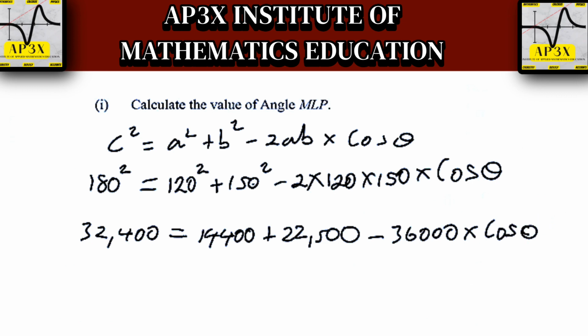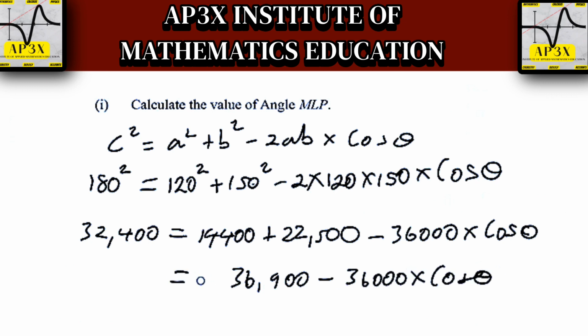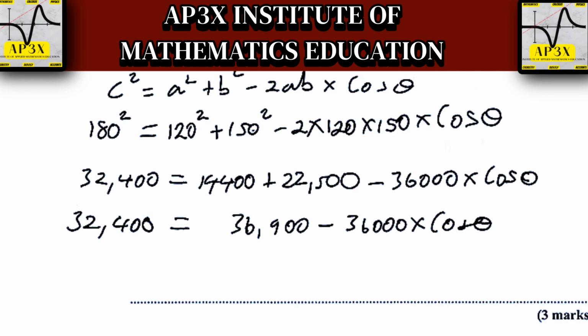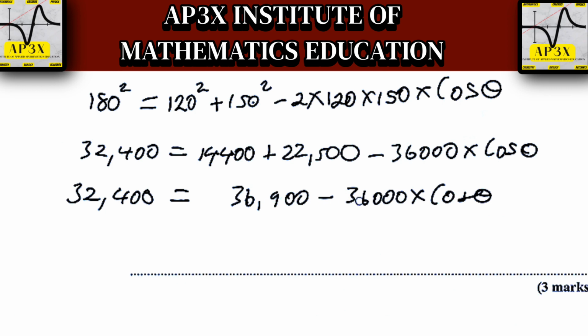Let's do some simplification here. That's going to be 14,400 plus 22,500, which gives us 36,900, minus 36,000 times cosine theta. A very common mistake made by students is they go ahead and subtract these two numbers.